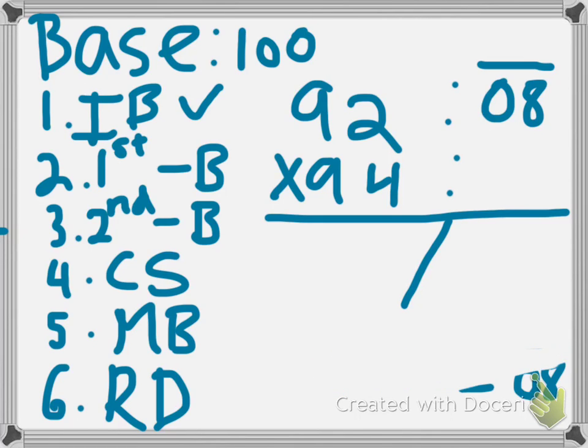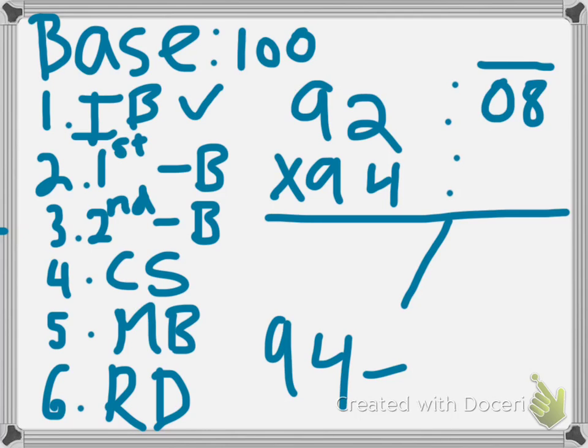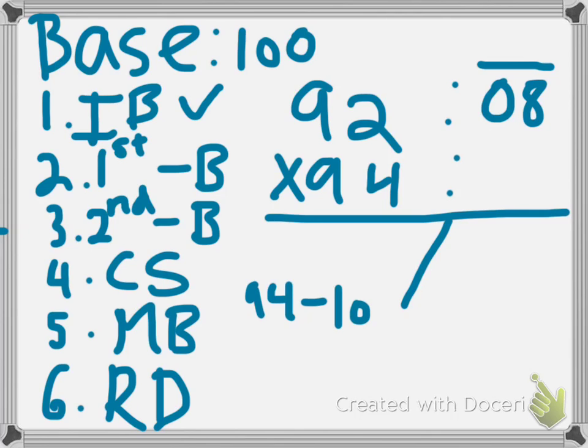Now, let's do 94 minus 100, which equals -6, which we're going to write as bar 6.